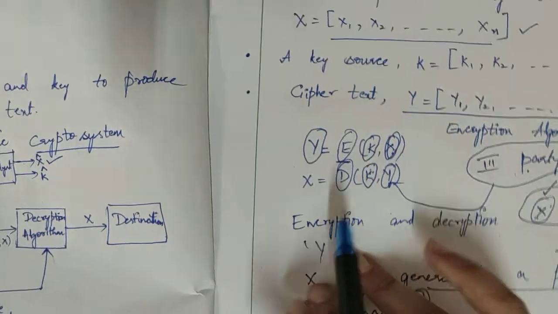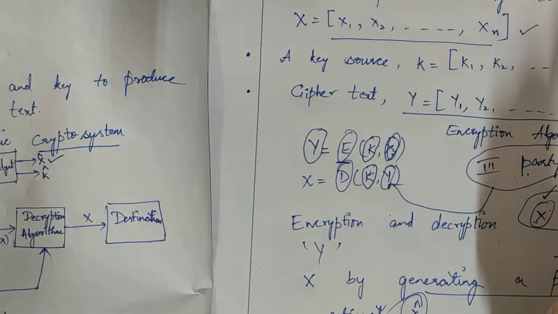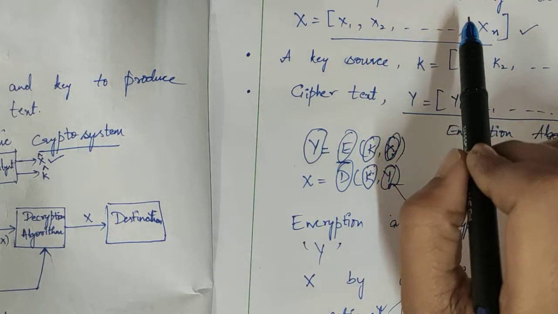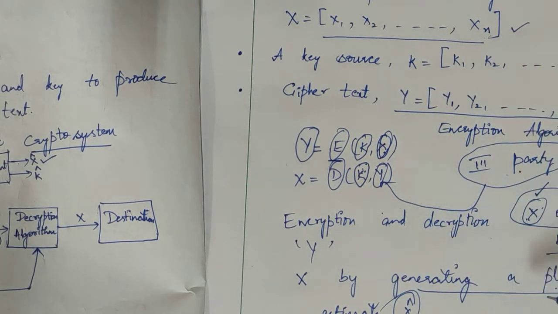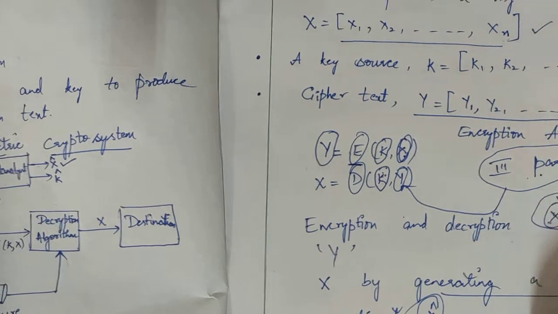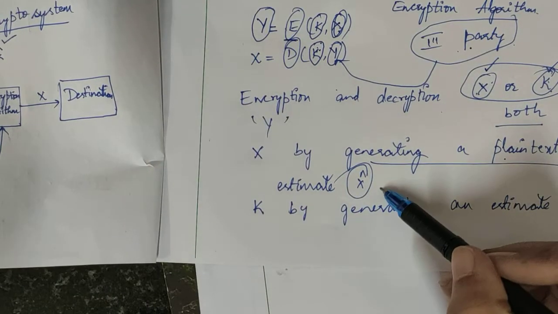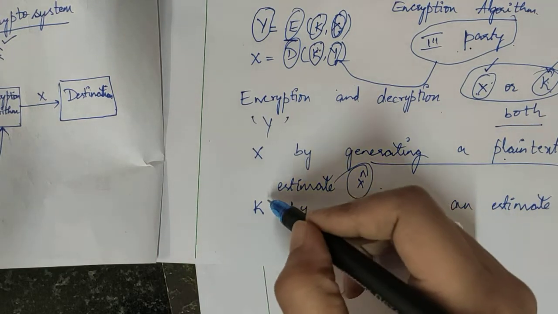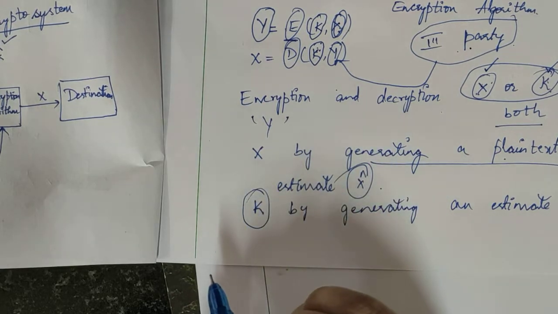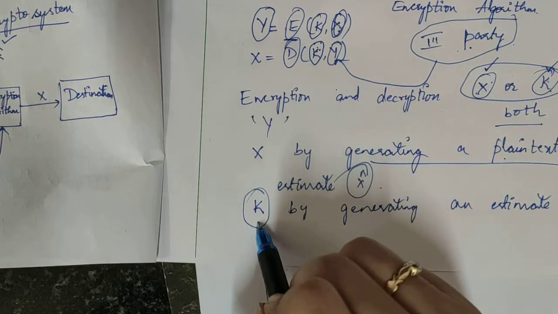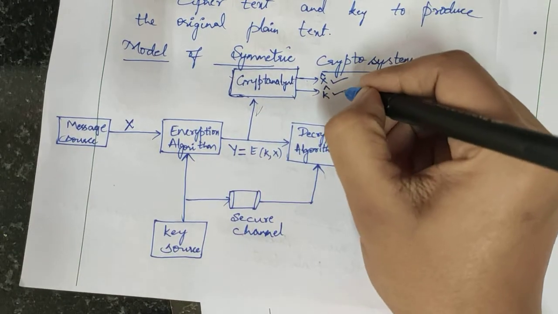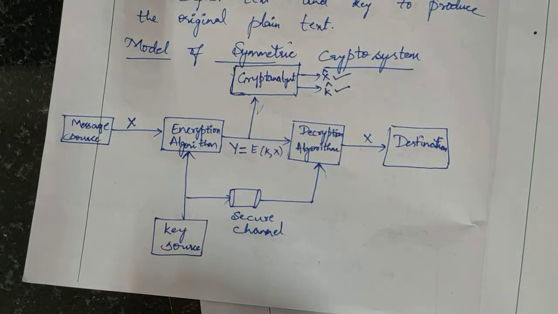If he just wants to know the present conversation, then he will recover X by generating a plain text estimate X cap. But if he wants to know the future conversation also, future messages also, then he must find the secret key. So for that he will recover K by generating an estimate K cap. This is your estimated K cap.